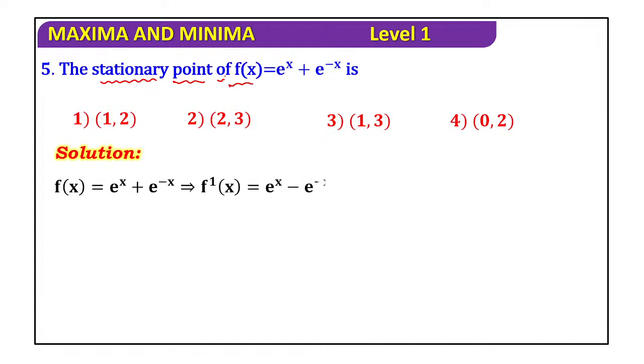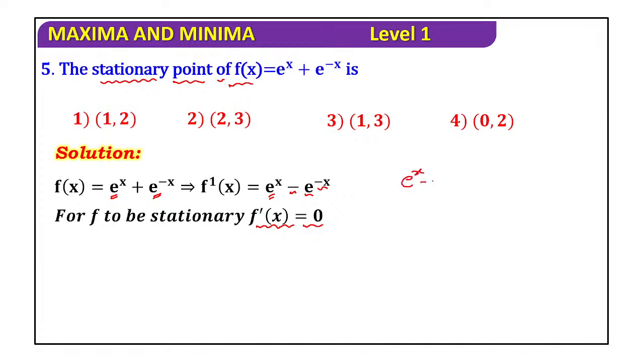The differentiation of e raised to x is e raised to x. The differentiation of e to the power of minus x is minus e to the power of minus x. For a stationary point, take f dash of x equal to 0.